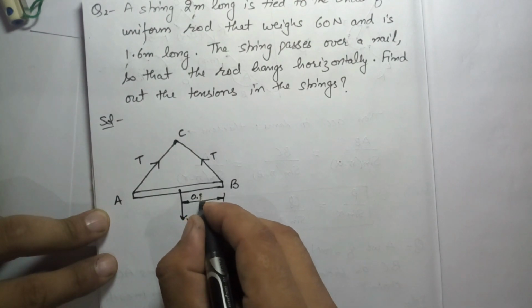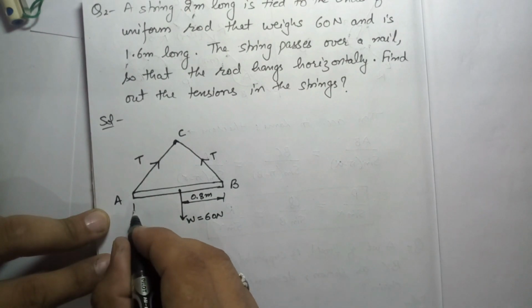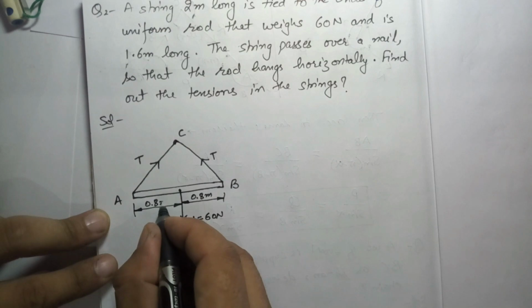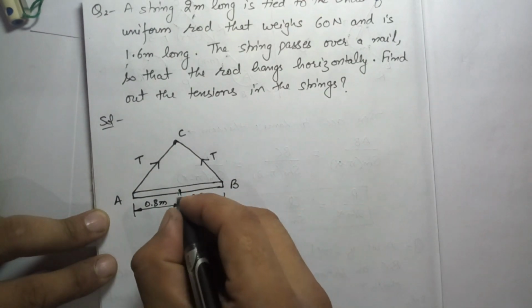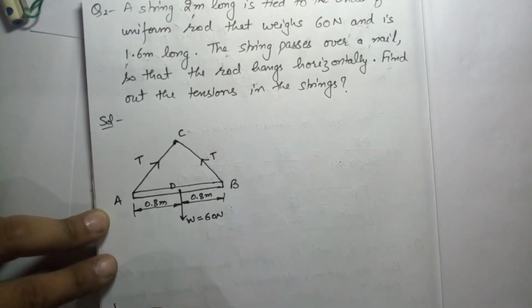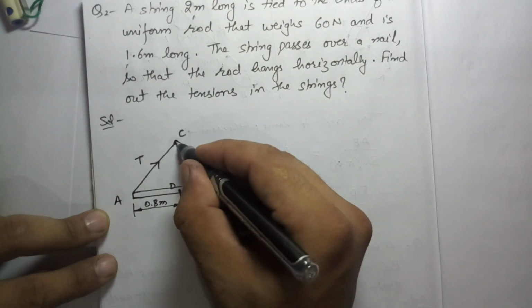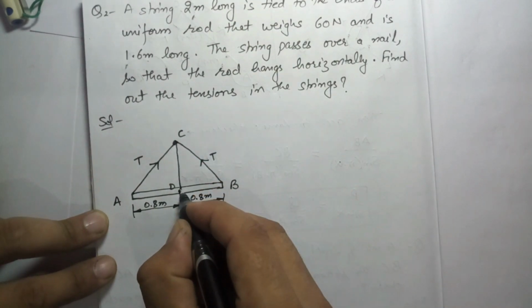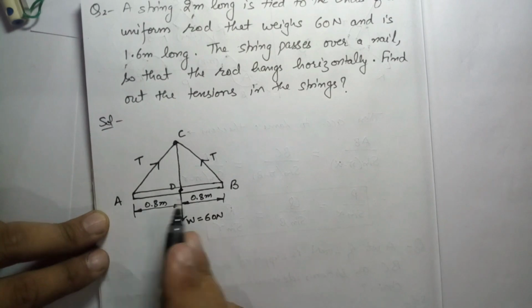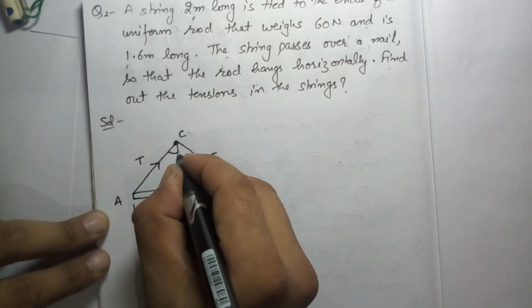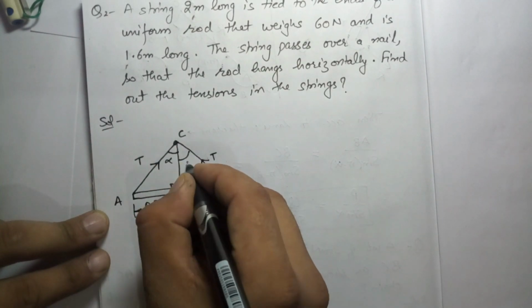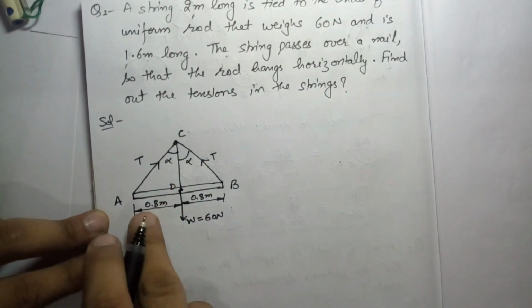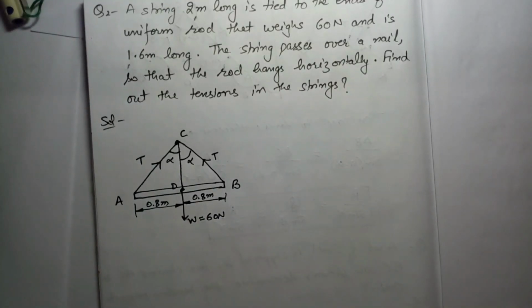So I can say this is 0.8 meter and this will also be 0.8 meter. Right? Now let's say this is the point D. If I join this just to make the problem clearer, these are the two triangles, and if this angle is alpha, this will also be the same alpha, as the triangles on both sides are identical.